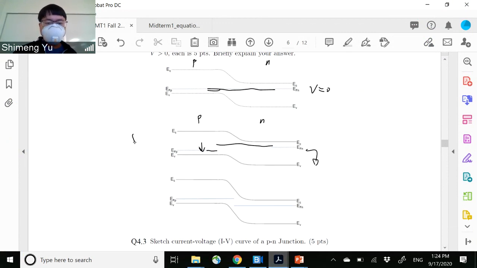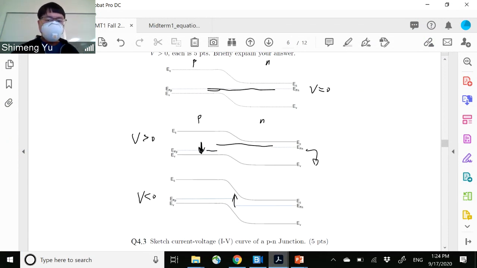And we have a very important conclusion we emphasized many times in the class: positive voltage pushes down the band. Positive voltage pushes down the band. So this is positive voltage. Then here you see this increase, so this should be V smaller than 0, pushing up the band. So those are the important concepts.